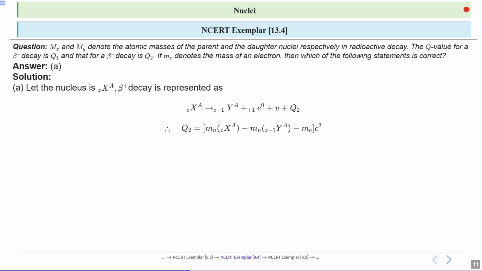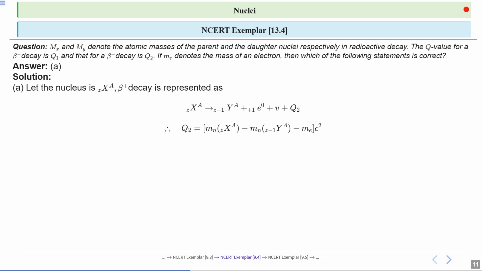So in beta positive decay, a nucleus emits a positron. The Q value is the energy release, calculated as Q2 equals [Mn of Z X A, the mass of nucleons of the parent nucleus X, minus Mn of Z minus 1 Y A, the mass of all the nucleons of the daughter nucleus, minus the mass of the positron] multiplied by c square.